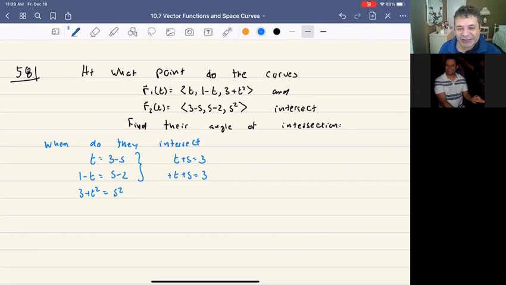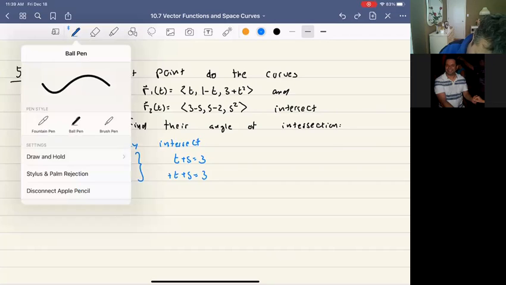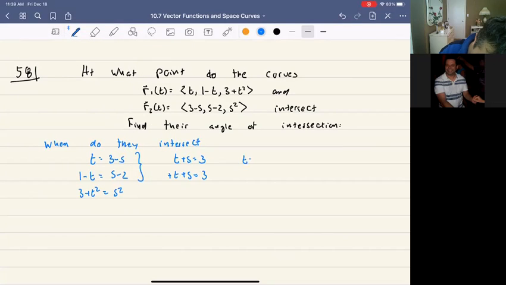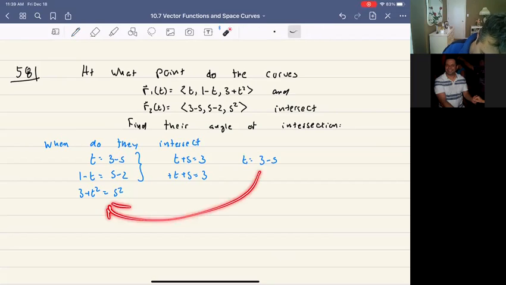Okay, now we're going to have to use this third equation. 3 plus t squared equals s squared. So I'm just going to plug, let's say, t equals 3 minus s, I'm going to plug that in to here.